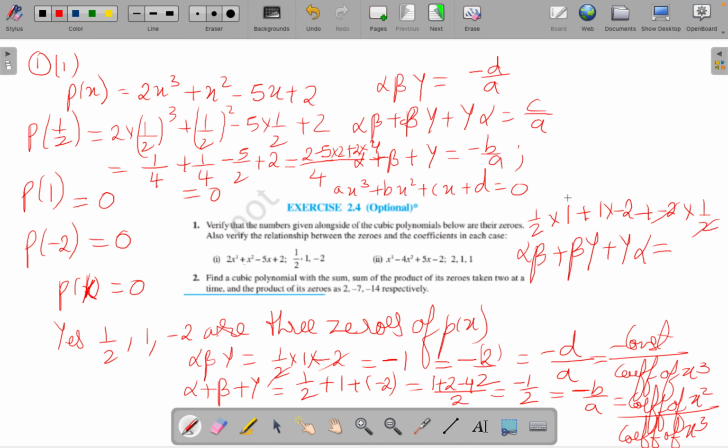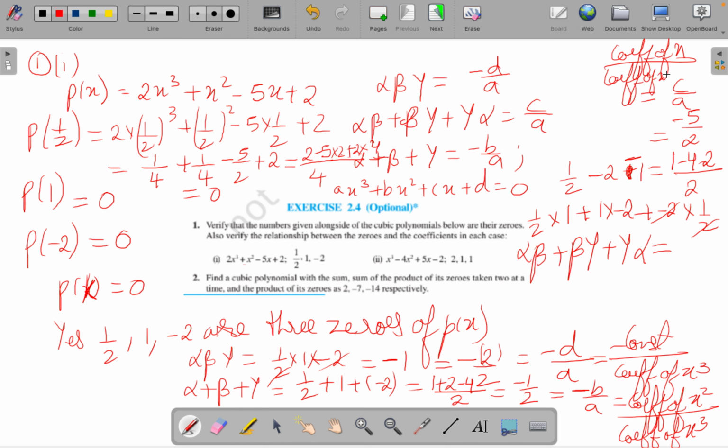So again, check what we are getting. Half minus 2 plus minus 1. Again if we take LCM 2, this will be 1 minus 4 minus 2. So this will be minus 5 by 2. So you can again say minus 5 by 2, what is it? That is c by a, that is the coefficient of x upon the coefficient of x cube, children. So this is your relationship. Similarly, you can do the second part on your own.